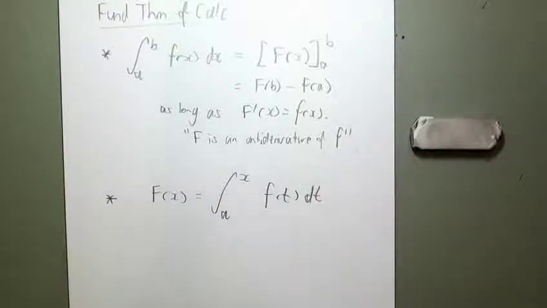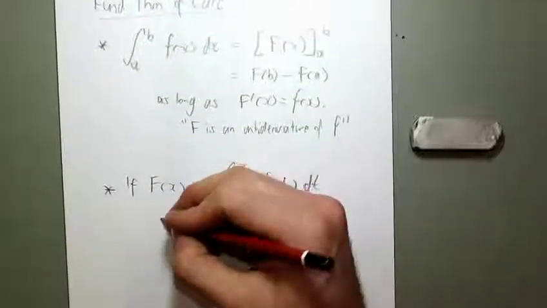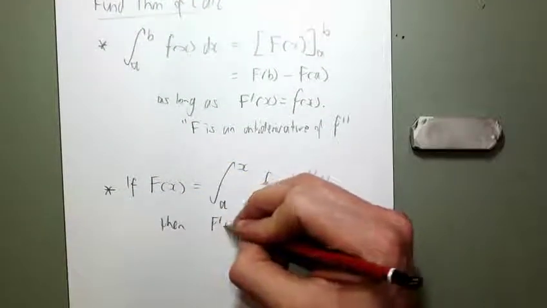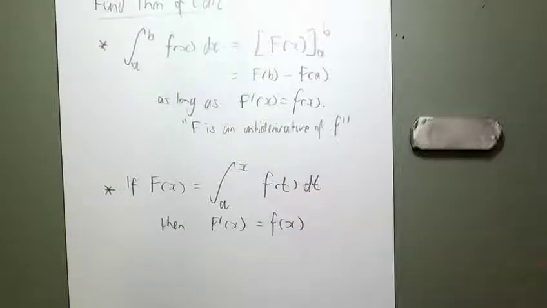Some people use an x down below and up the top, but that can be a bit confusing when you're subbing an x in for an x, but it's already an x, so I'm just going to leave it like that. So if a function is already an integral, then the derivative is the thing that you integrated. So that's the other half of the fundamental theorem of calculus.